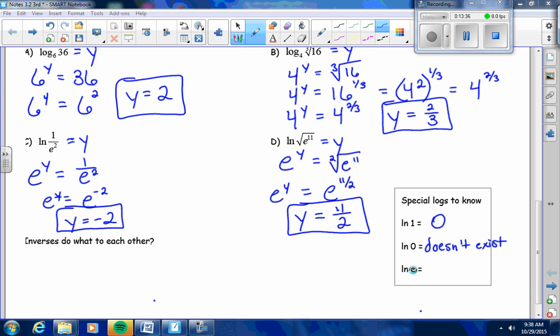Well, what did we just say the natural log and e are in relation to each other? They're inverses. What do you think that's going to equal? 1. That is correct. It equals 1. The natural log of e. They're inverses of each other. So what are inverses doing to each other? They cancel each other out.